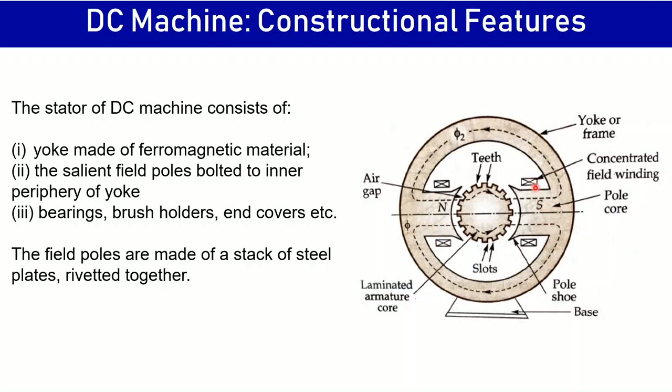When the field current flows in this winding, a magnetic field is created in the air gap. The stator also carries the bearings, brush holders, end covers, etc. These field poles are made of a stack of steel plates which are riveted together.